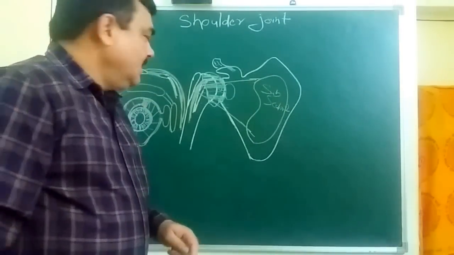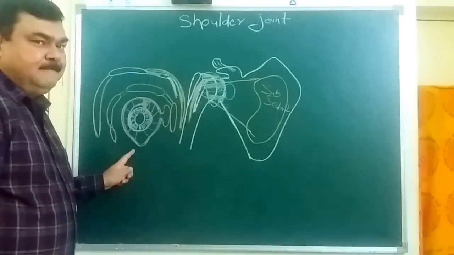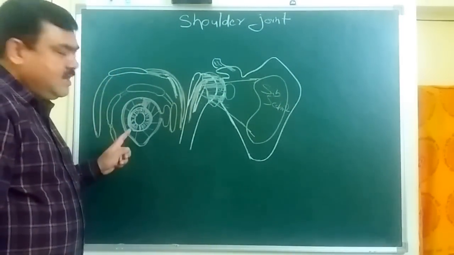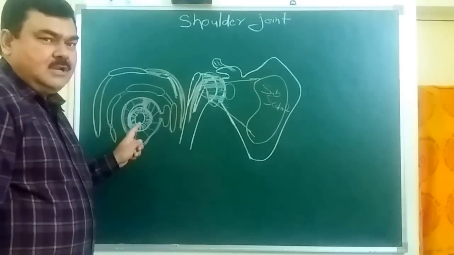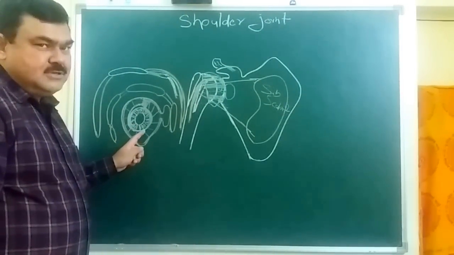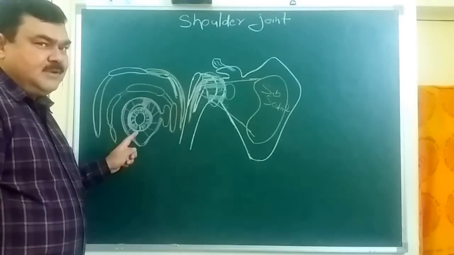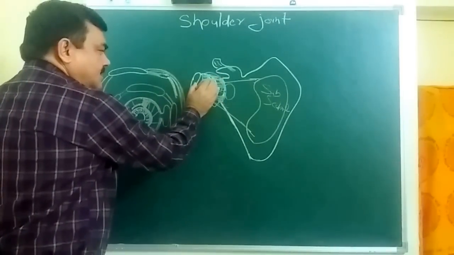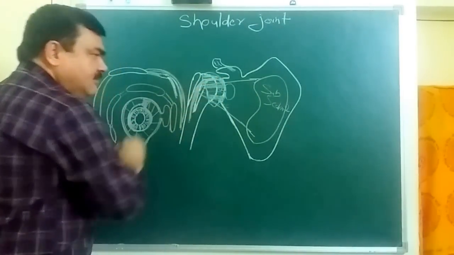So inferiorly, this joint is very weak, and this is the reason why the initial dislocation of the shoulder joint is infraglenoid dislocation or subglenoid dislocation. This is the glenoid cavity. It dislocates toward the inferior side.